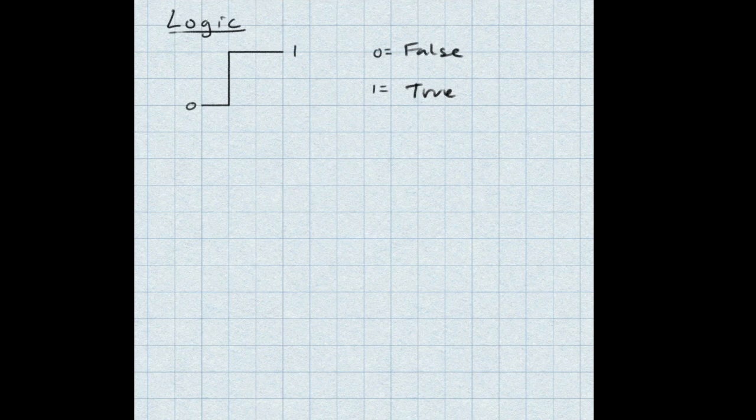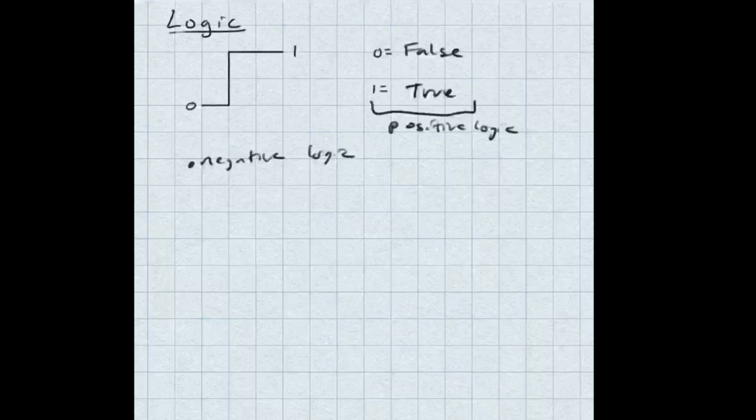When we think about it like this, that's what is called positive logic. And if we have the opposite of that, then we have negative logic. So negative logic is the opposite, where 0 is true and 1 is false.